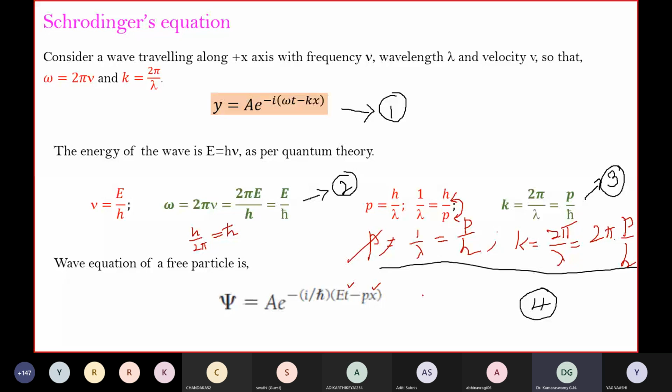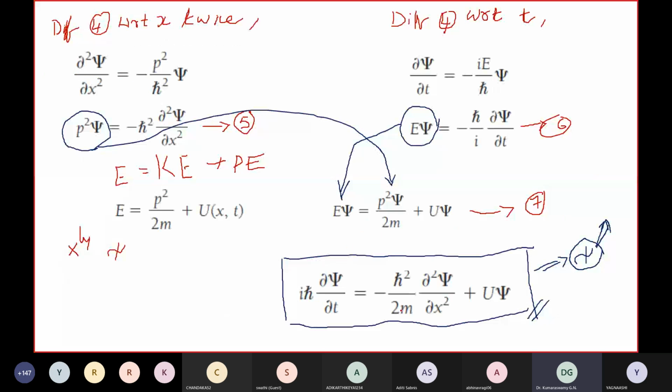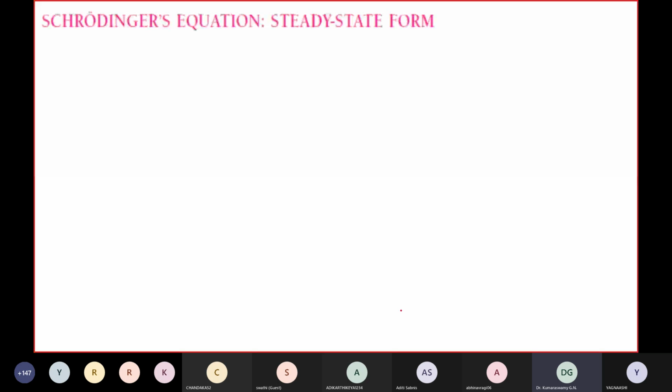Do you agree? So in that case, the wave function need not have the time dependent factor; the wave function will only be position dependent, or we can even say the particle is time independent. Based on that, we will have to derive one more equation, which is mostly used in all the cases.